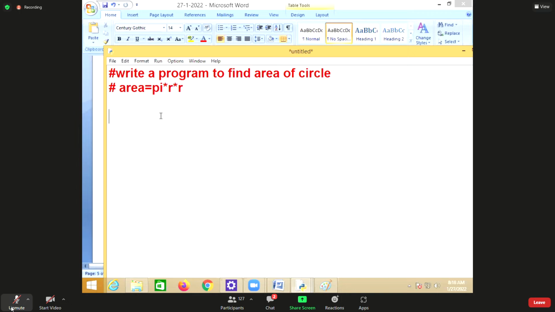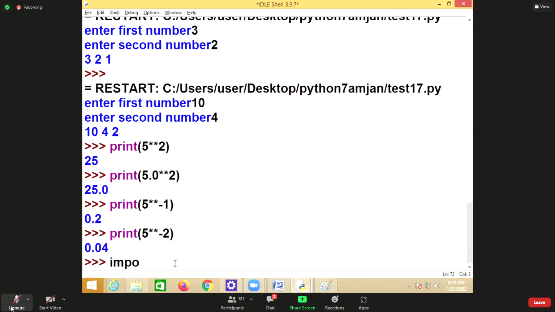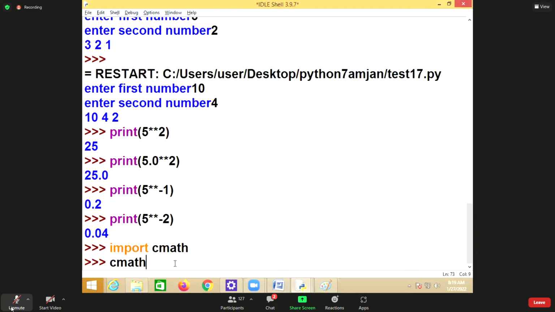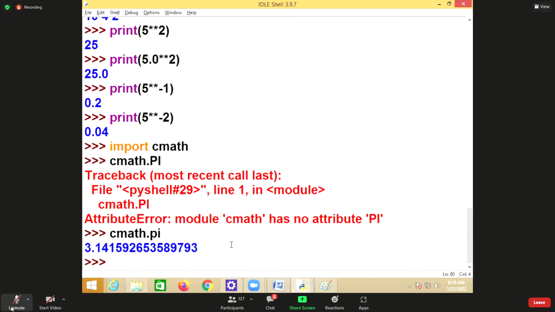Now the pi value, I can take from one module, which is called cmath. And this cmath module has a variable called which one? Pi.